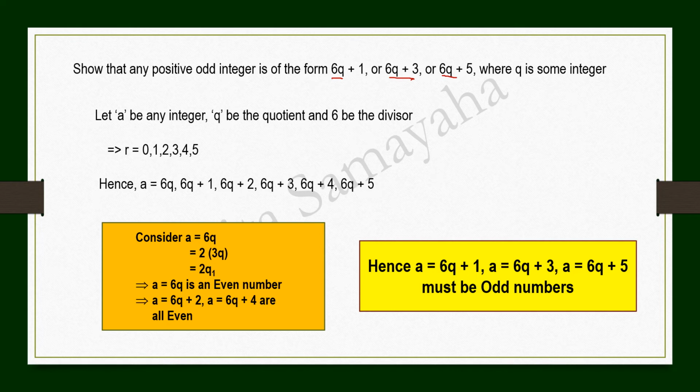Children, the main condition is, if you are able to express any number in the form A equal to 2q, then they are all even numbers, and if you are able to express them in the form A equal to 2q plus 1, they are all odd numbers. Clear, children? Fine.